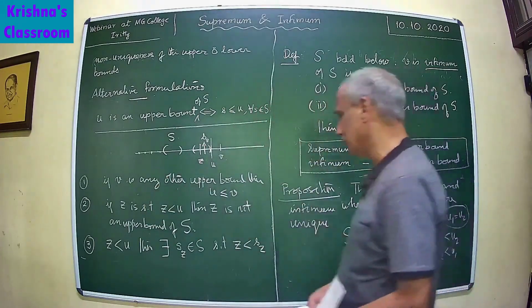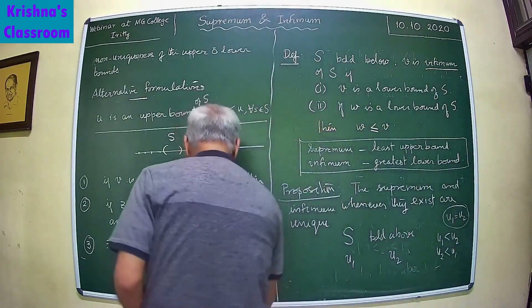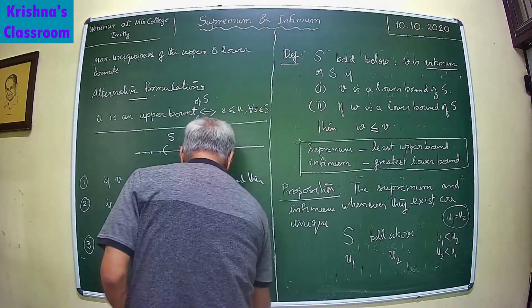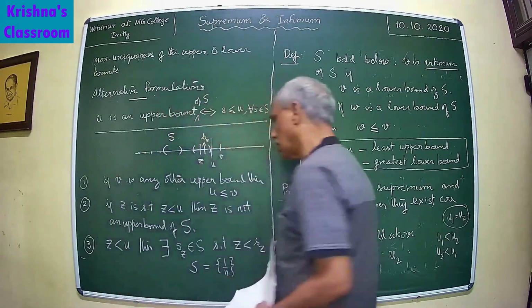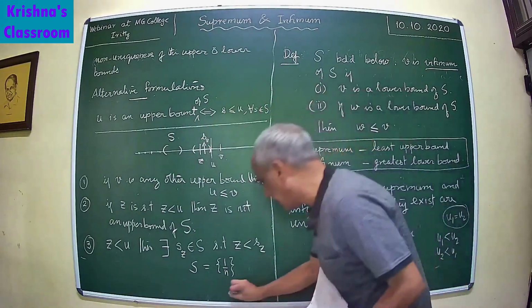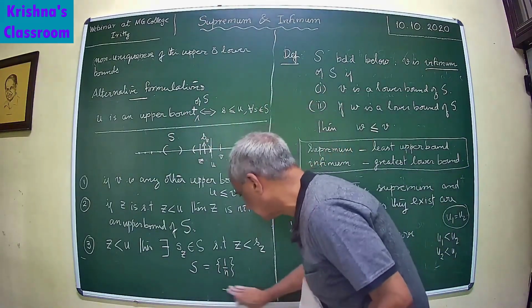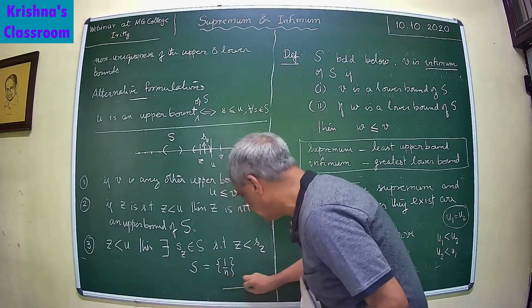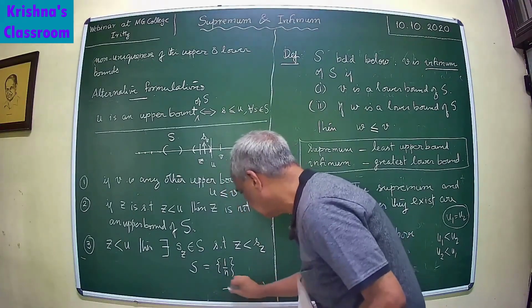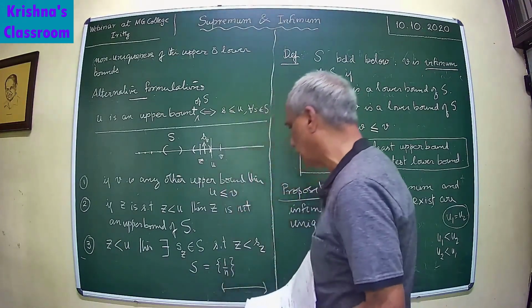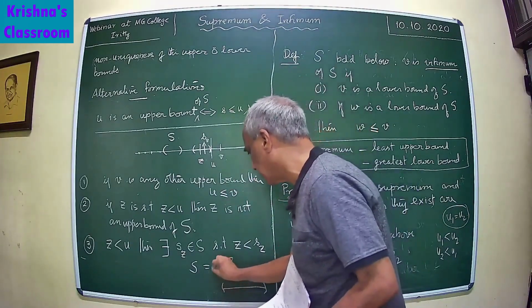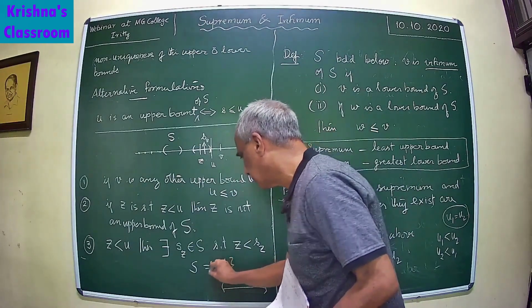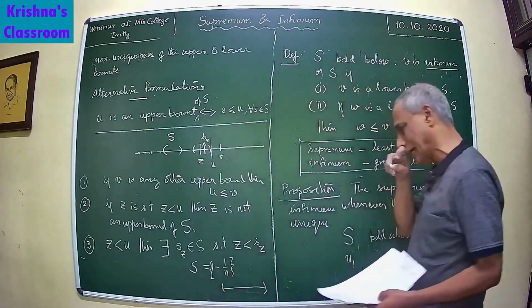Let me explain this with an example. Let me take the sequence 1 minus 1 by n.